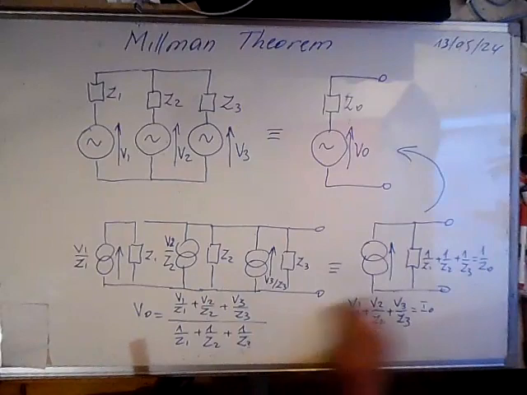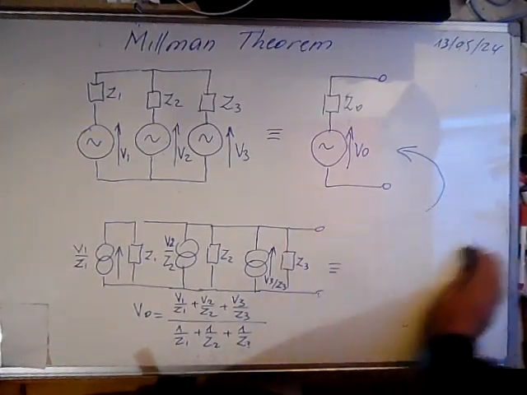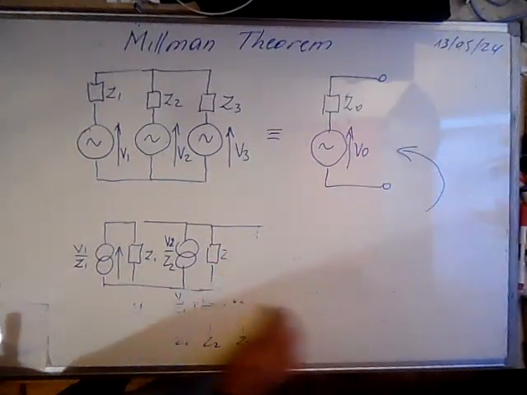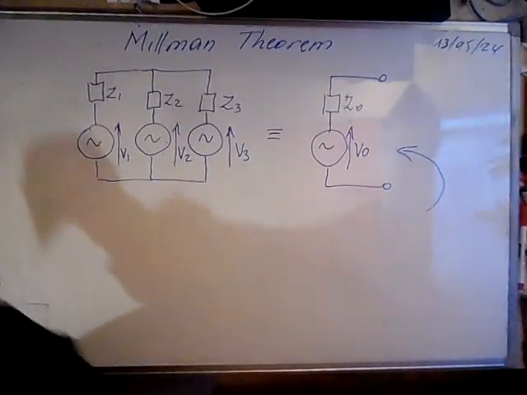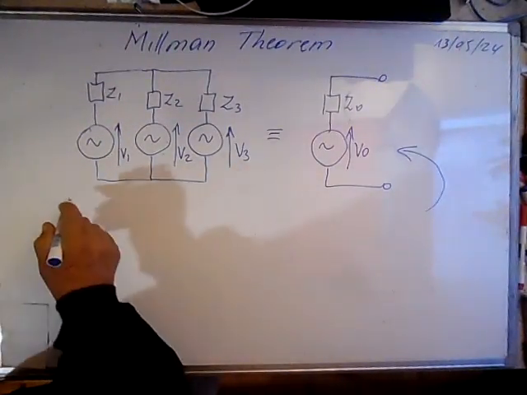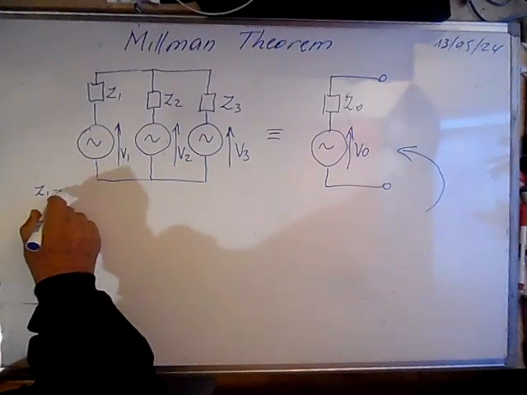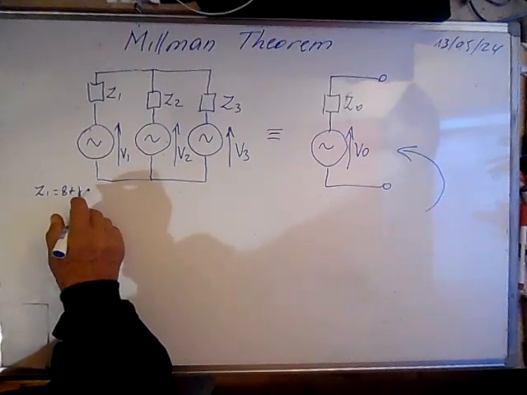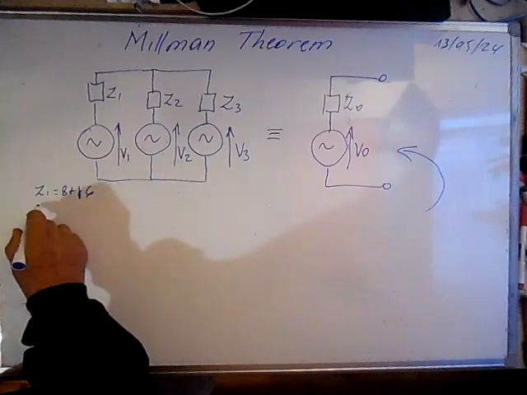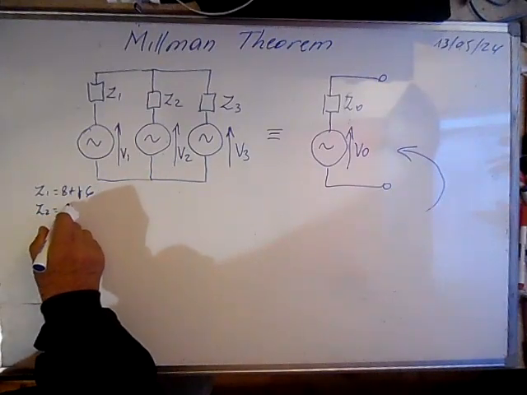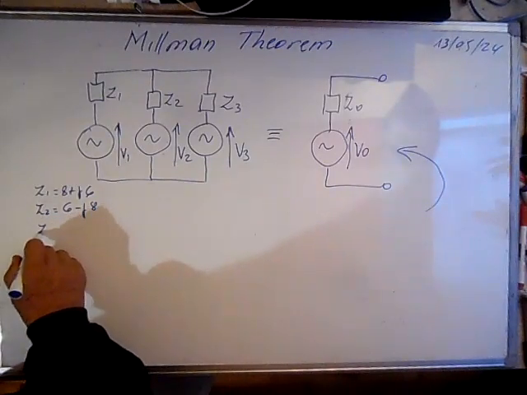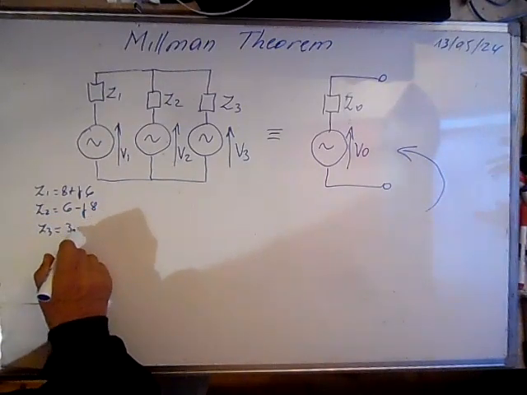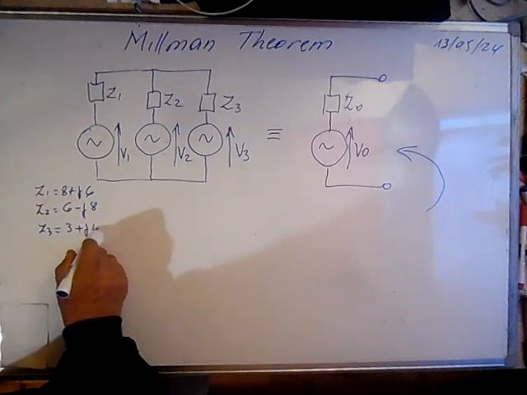Okay, let's now take our unbalanced system and try to solve it. Suppose that Z1 is equal to 8 plus j6, Z2 is equal to 6 minus j8, and Z3 is equal to 3 plus j4.